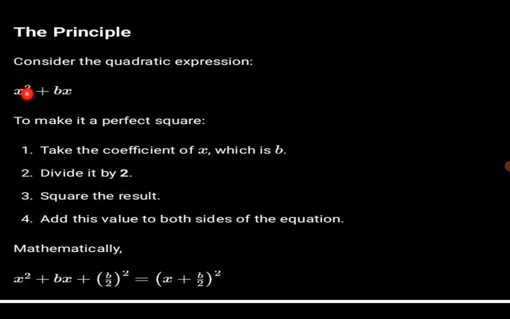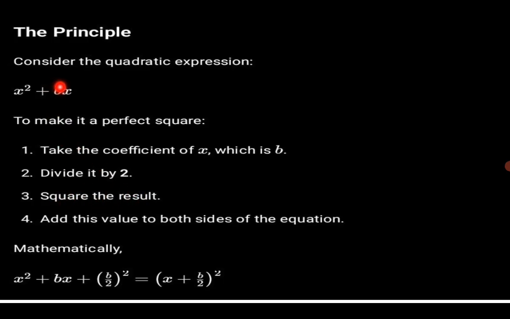So to make x squared plus bx a perfect square, you take the coefficient of x, which is b. So the coefficient of x here is b. Then divide it by 2. Divide b by 2. Then square the result.